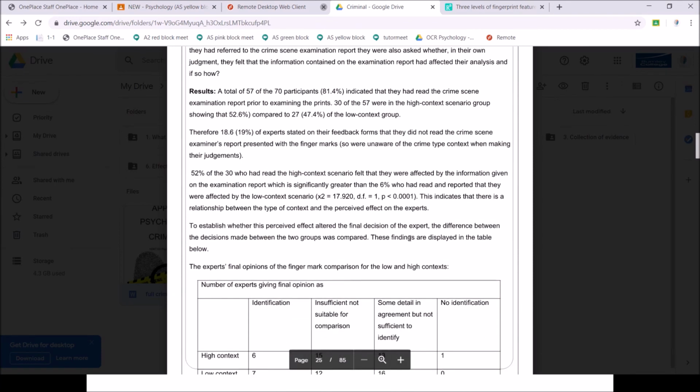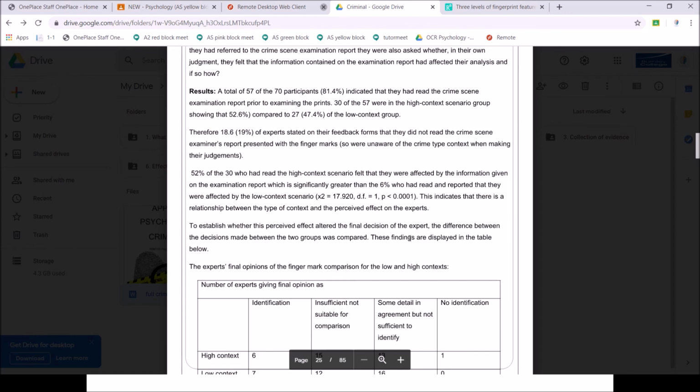So the overall findings really are that a total of 57 of the 70 participants indicated that they had read it. 30 of those 57 were in the high context group compared to 27 in the low context group. So 18.6% of experts, or 19%, if you're rounding up, said that they had not read the report.